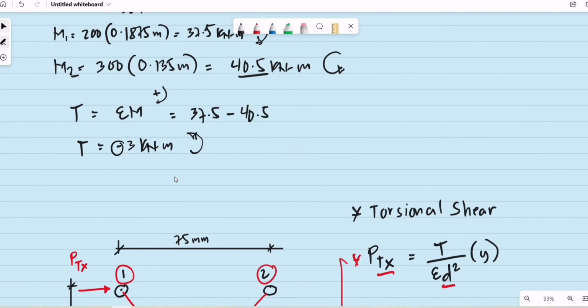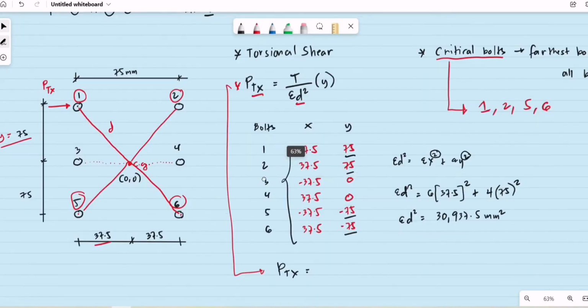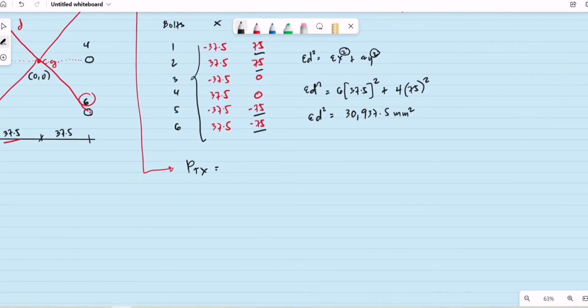But just to be uniform with our units, multiplying by 1,000, this is the same as negative 3,000 kilonewton millimeters. I just converted meters into mm. The negative sign indicates that our net torque is counter-clockwise. So our net torque is equal to 3,000 kilonewton mm.